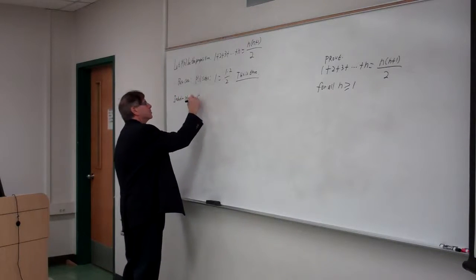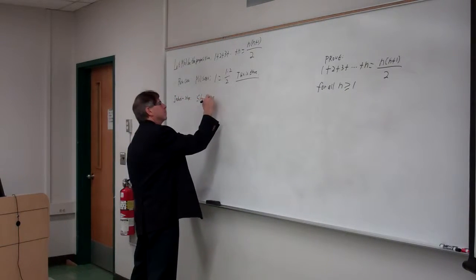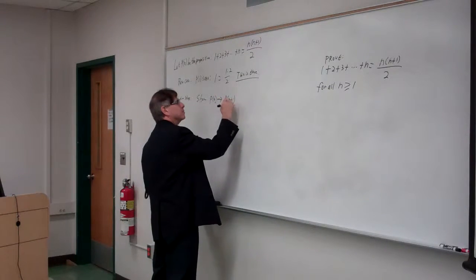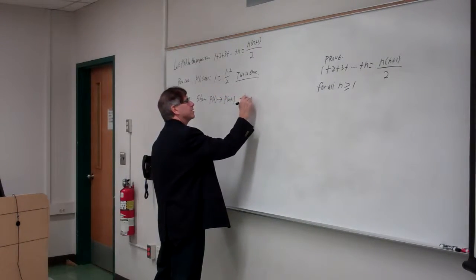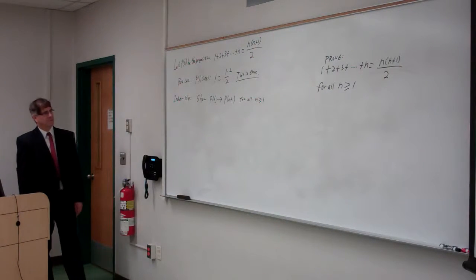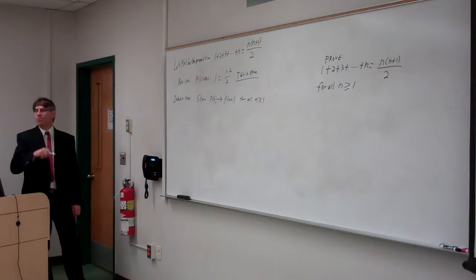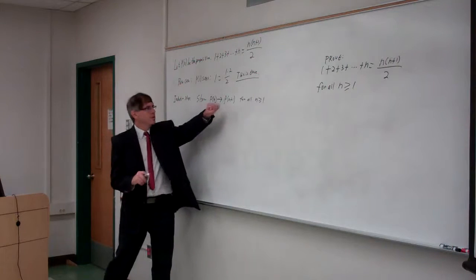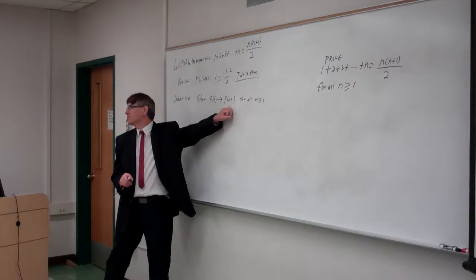Our inductive step is to show that if P of n, then P of n plus 1, for all n. We're not showing yet that P of n itself is true. We're saying if P of n is true, can we prove that P of n plus 1 is also true?